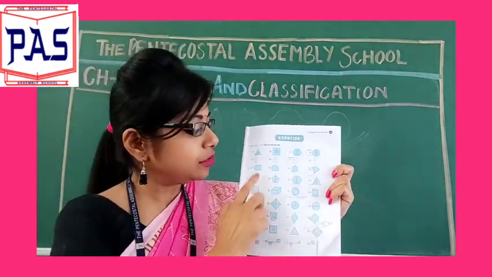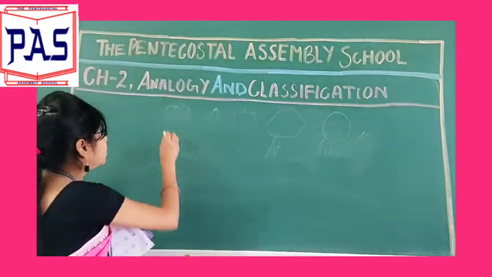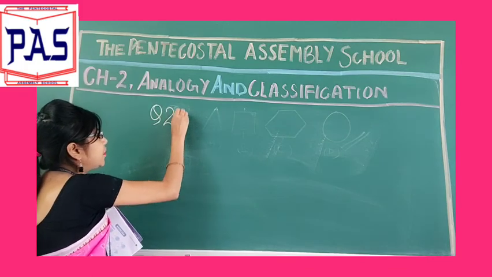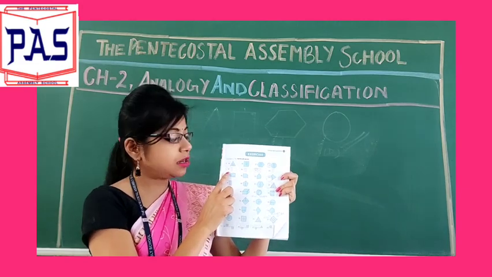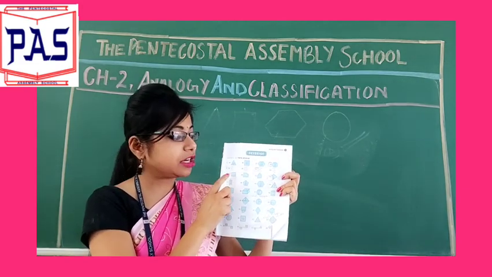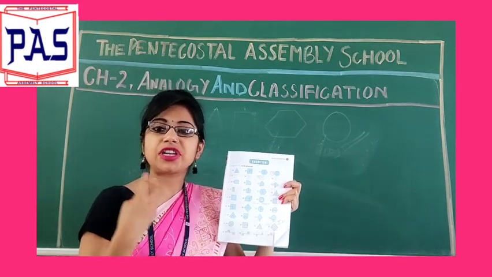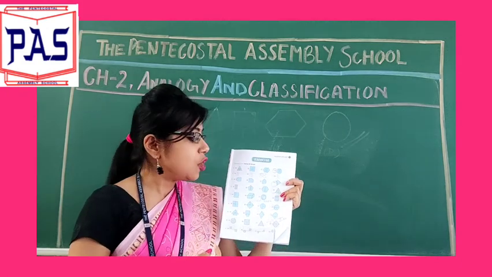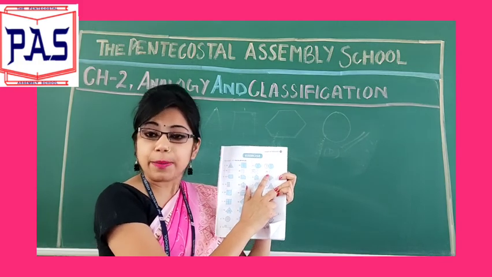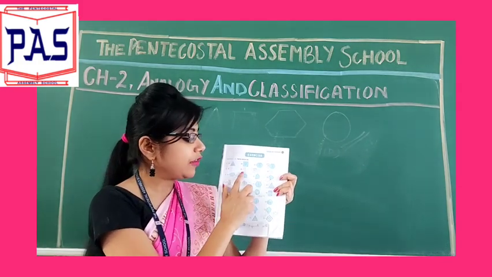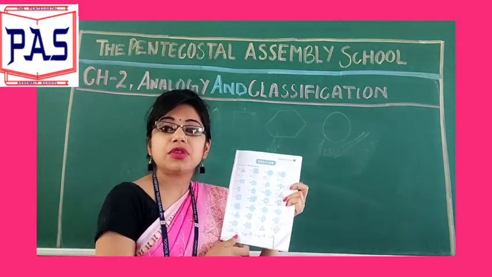Here, children, in question number 2, again there are 4 figures. Each figure contains 2 figures, one just opposite to the first one. You can see that these are all mirror images. So which among them is odd?